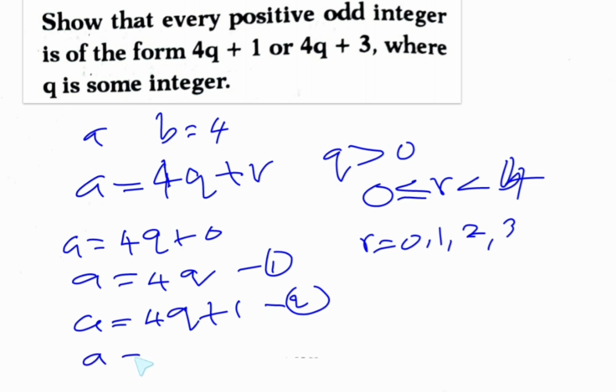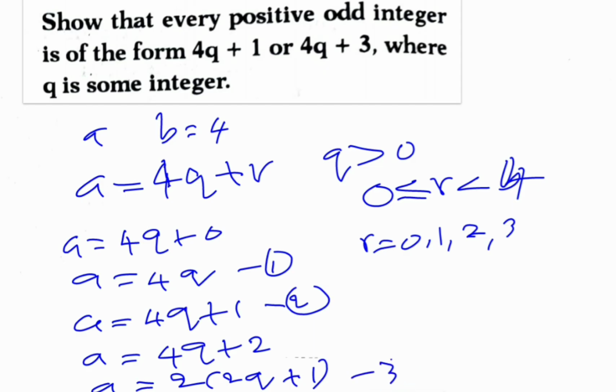Again a is equal to 4q plus 2, here a is equal to 2 into 2q plus 1, this is number 3. And the fourth one is a equal to 4q plus 3, this is number 4.